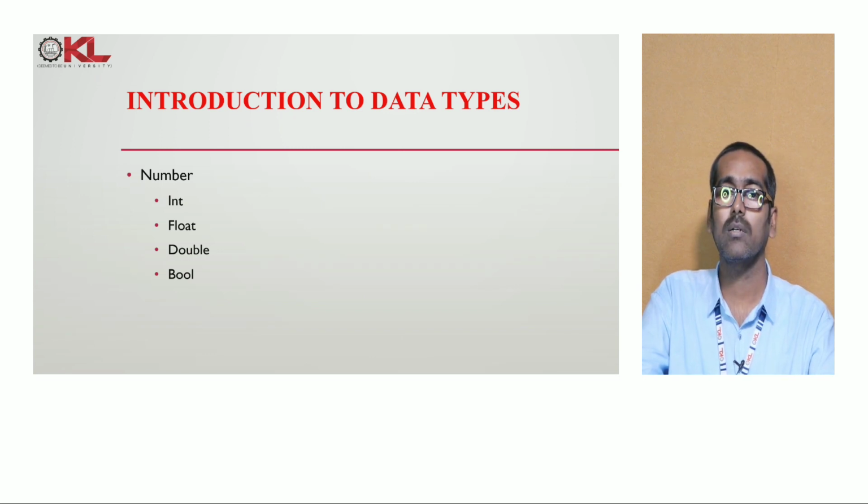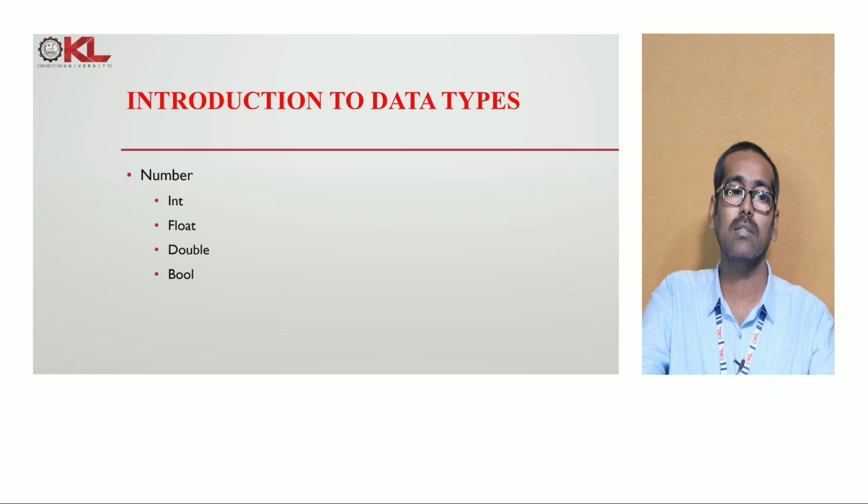The number category comes with four subcategories, or four types. One is int, one is float, one is double, and the next one is bool. Bool means boolean, which you may know as true or false, yes or no, male or female. These kinds of true or false variables or data can be stored using this data type.